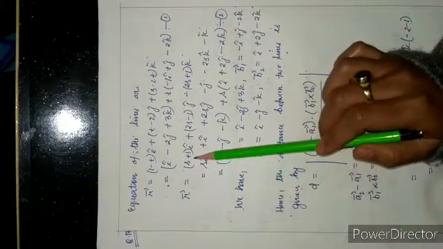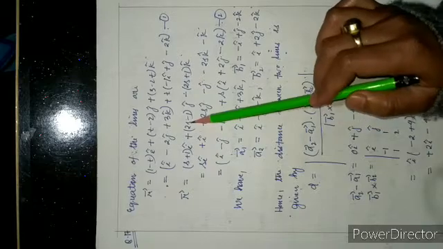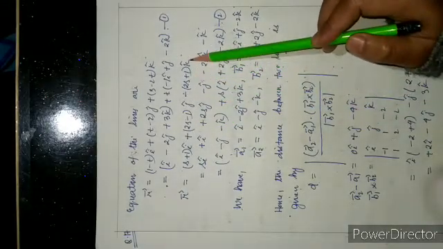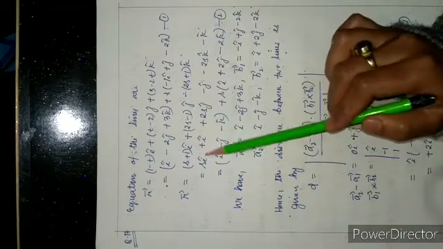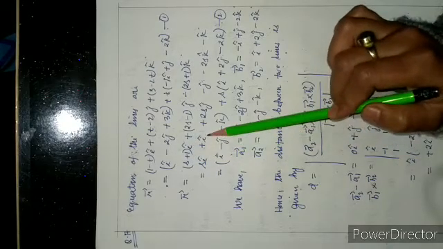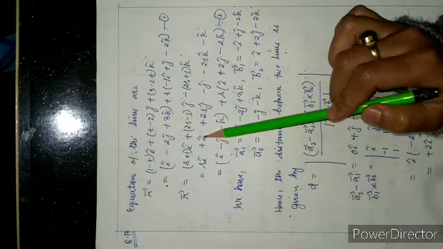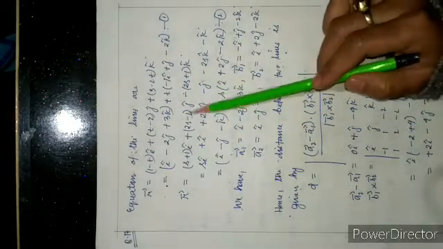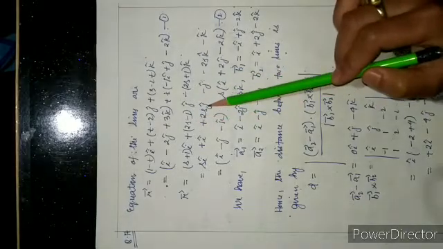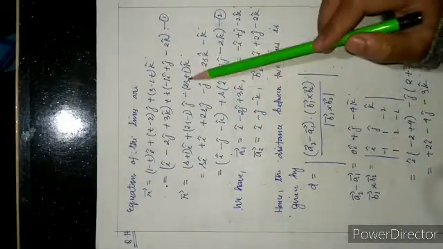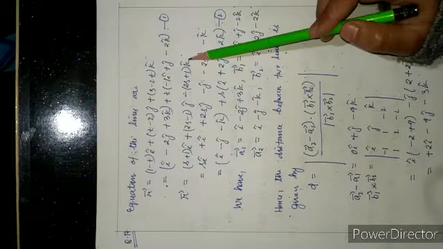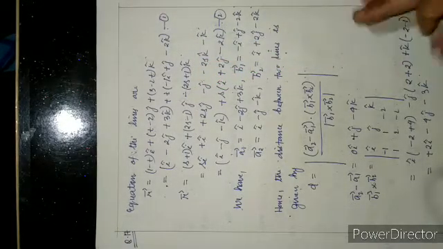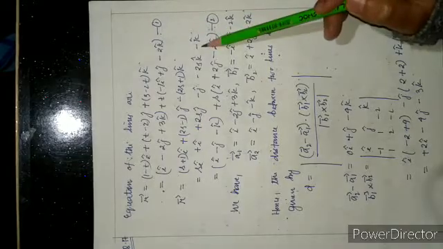The equation of the second line is (s plus 1) i cap plus (2s minus 1) j cap minus (2s plus 1) k cap. Multiplying out, (s plus 1) i cap gives s i cap plus i cap, then 2s minus 1 multiplied by j cap gives 2s j cap minus j cap, and minus (2s plus 1) k cap gives minus 2s k cap minus k cap.